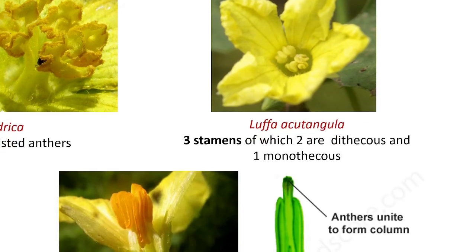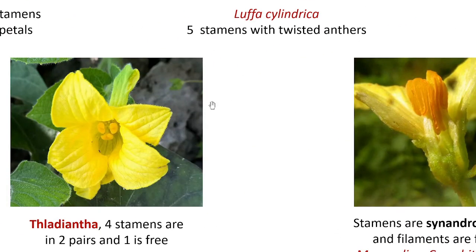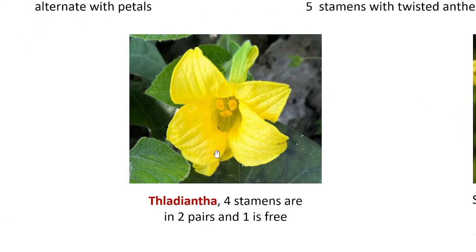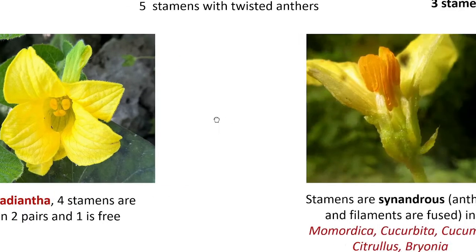And in Cladiantha, out of 5 stamens, 4 stamens are in 2 pairs and 1 is free. A total of 5 stamens are present, out of which 4 are in 2 pairs and 1 is free.